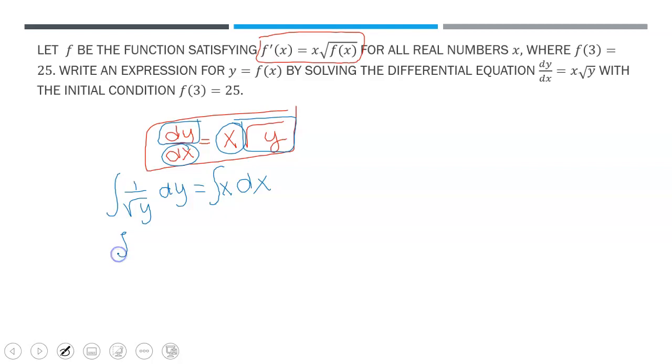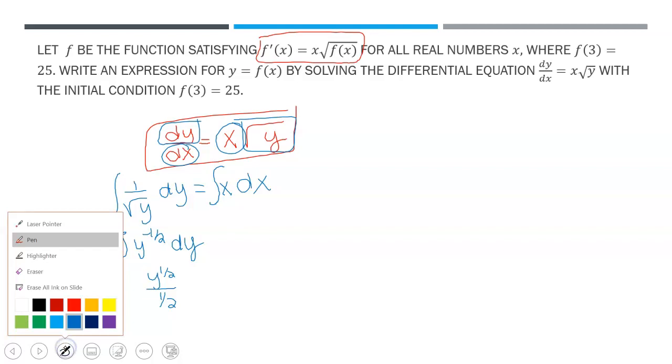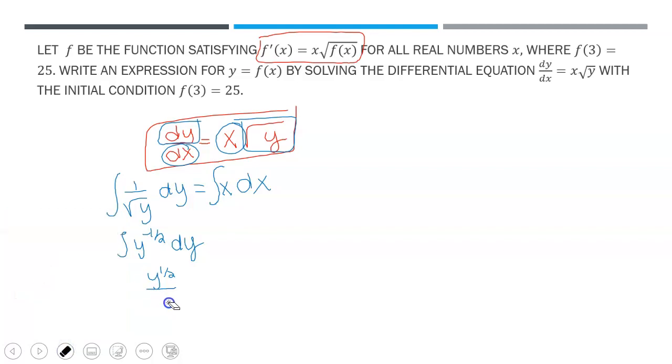So this is like integrating y to the negative 1/2. Remember, our rule is that you add 1 and divide by your new exponent. So we get y to the 1/2 divided by 1/2, which is really the same as saying y to the 1/2 times 2.